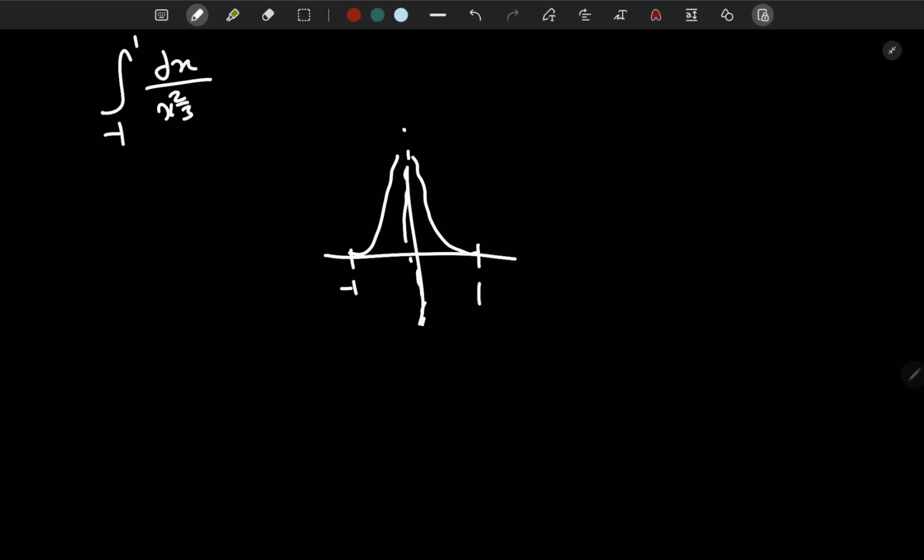So that is the issue that we're facing, and here we need to split the integration from negative 1 to 0 minus, and from 0 plus to 1. So let me write it now.